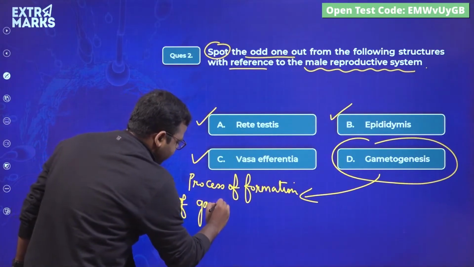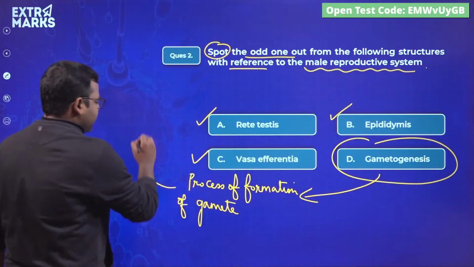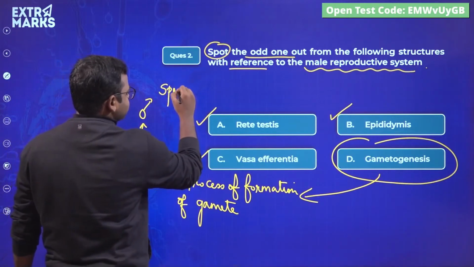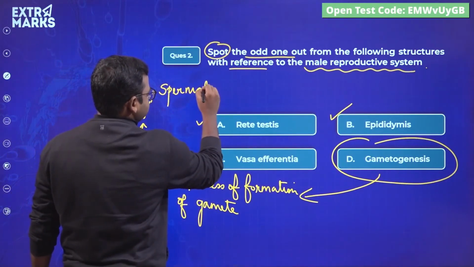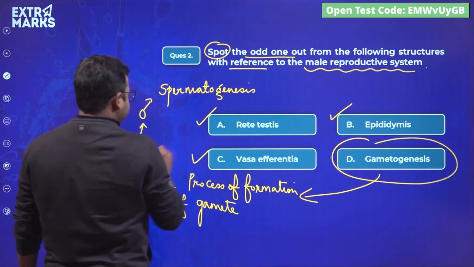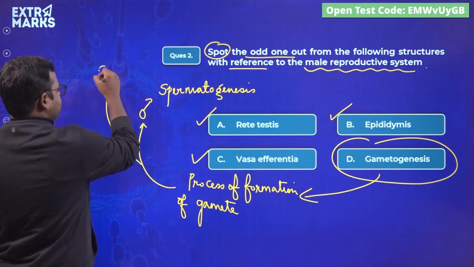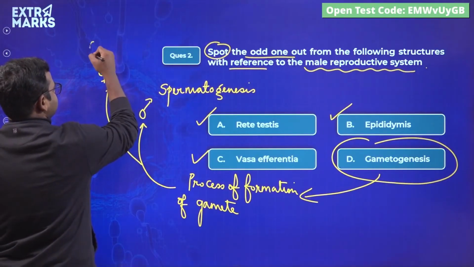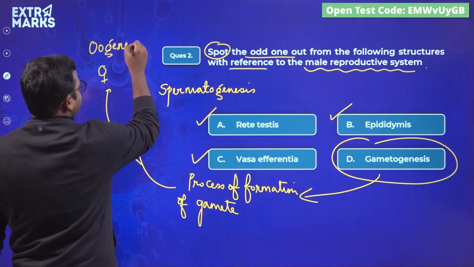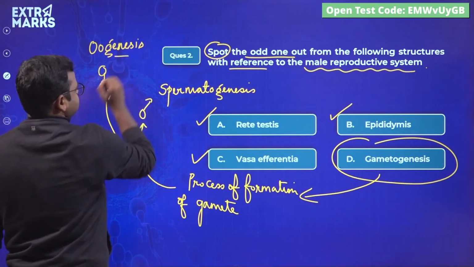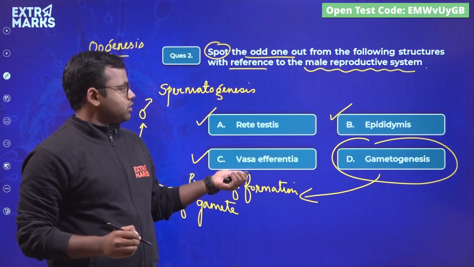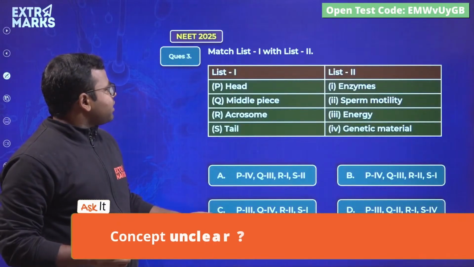In case of male, it is spermatogenesis, sperm formation, and in case of female, it is oogenesis, the female gamete formation. So this is the odd one out. All of the others are structures of the male reproductive system. Moving ahead with the next question.